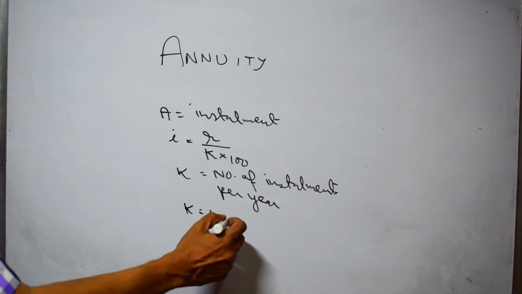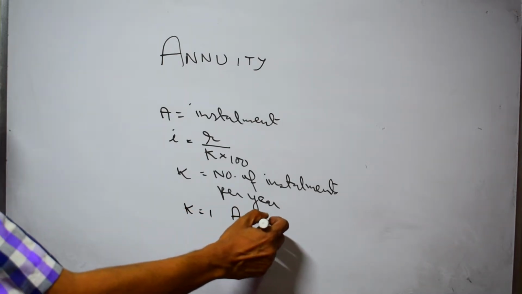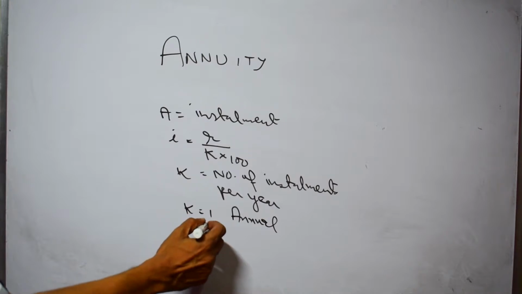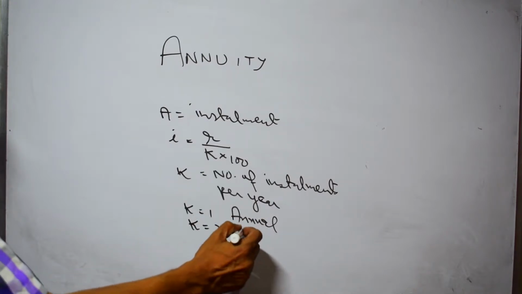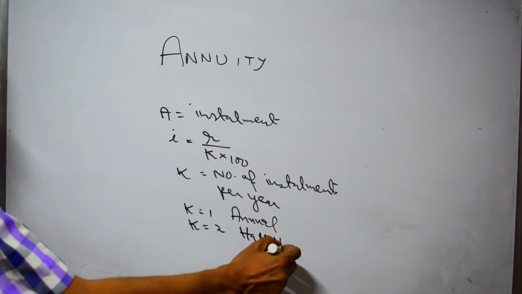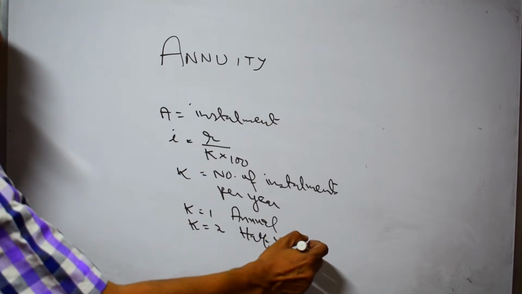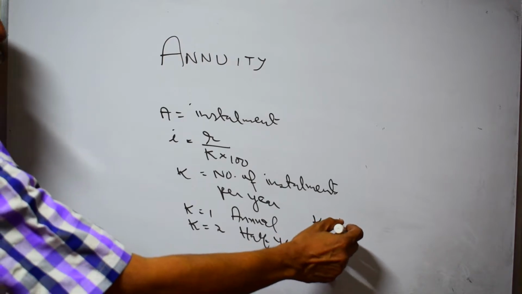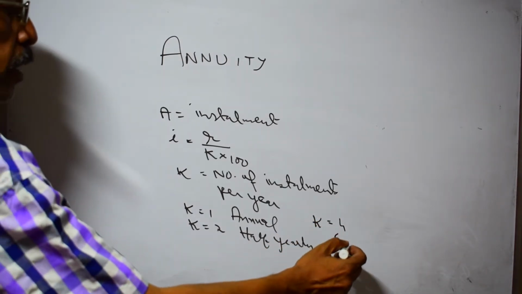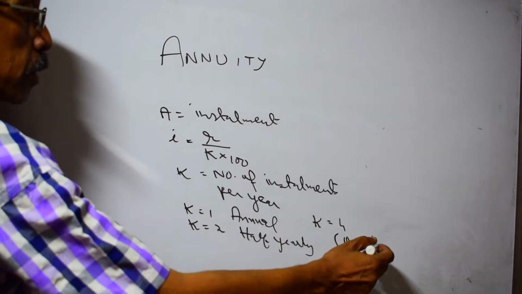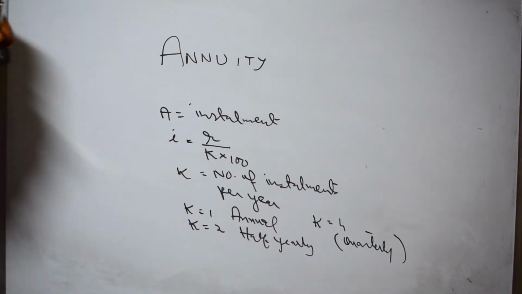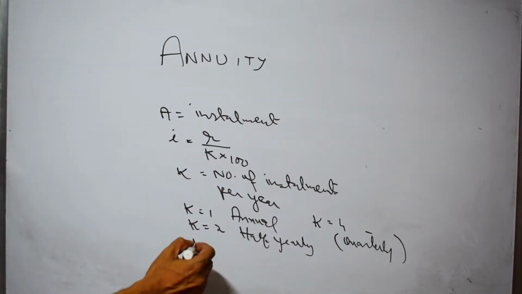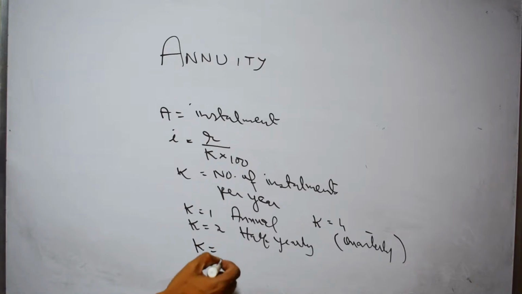When the mode of installment is half yearly, that means 6 months installment, K is equal to 2. K is equal to 4 when it is quarterly, and if monthly installments, then K is equal to 12.